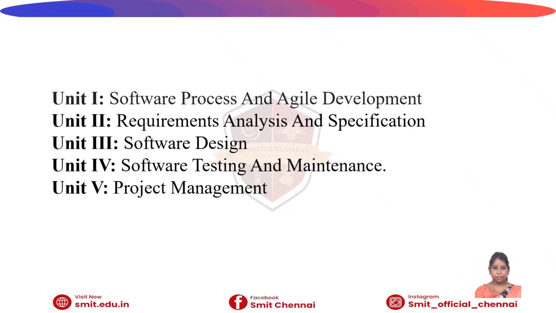In the third unit, every requirement collected is changed into a useful design with the respective architecture. In unit 4, we test the design with the testing process. And in unit 5, we focus on project management such as scheduling, estimation, and cost for delivering the product.